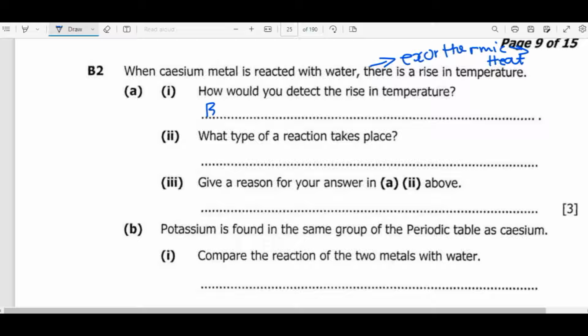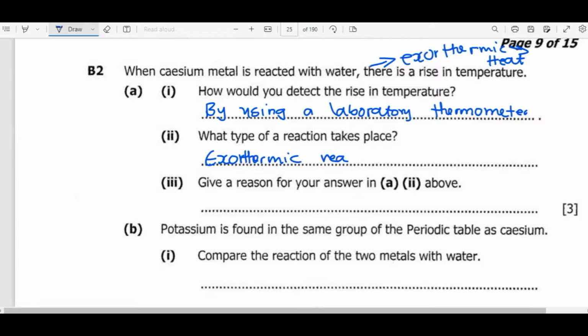So we'll say by using a laboratory thermometer, since this is done in the lab. Then what type of reaction takes place? We've answered that one. This is an exothermic reaction.